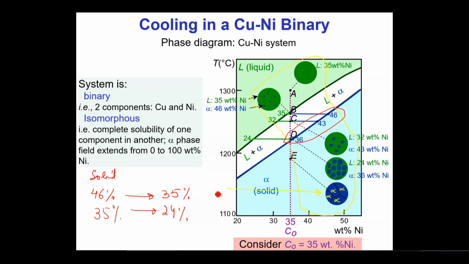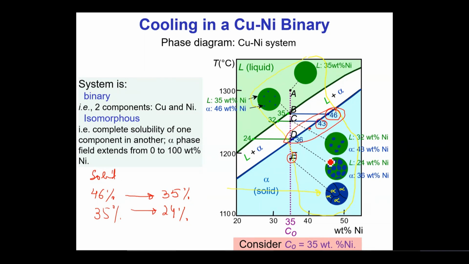Clear? Yes, sir. Now, this 46% is the solid that solidified initially, then this 43%, then 40%, and ultimately moving on to 35%. So there is a gradual change in the composition of solid that is solidifying.